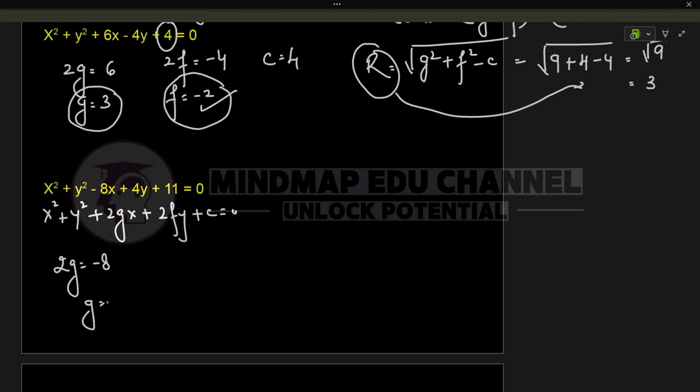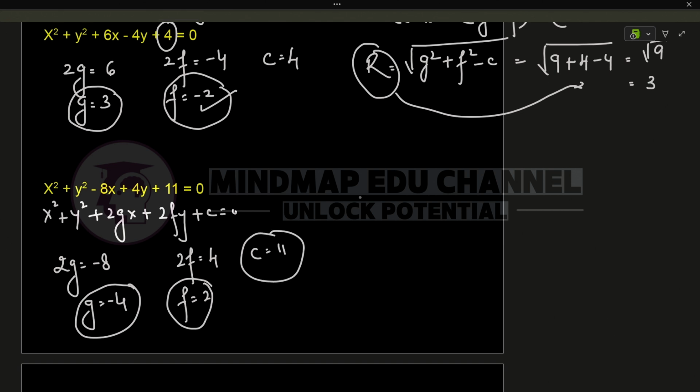Thus, the value of g will be minus 4. The value of f, 2f is equal to 4. Therefore, f is equal to 2. And the value of c is 11. So the center here will be (-g, -f), that is equal to (4, -2).